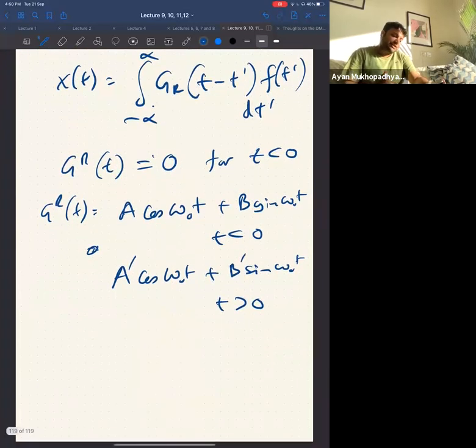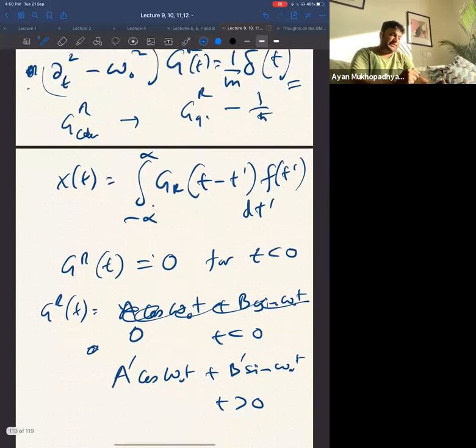Now, whatever it is, I should have continuity, right? First of all, for t less than 0, this vanishes for all times. Because it vanishes for all times, both A and B have to be 0. Otherwise, this cannot happen. So this is simply 0 for t less than 0. That's what we require, and then you have this for t greater than 0. But the function has to be continuous because there are two derivatives here.